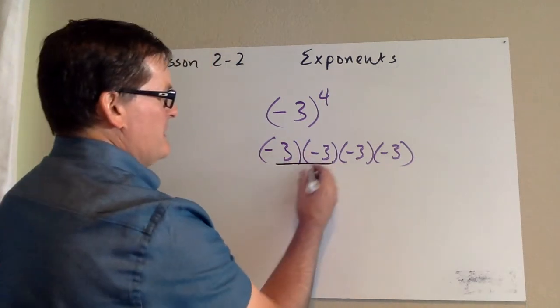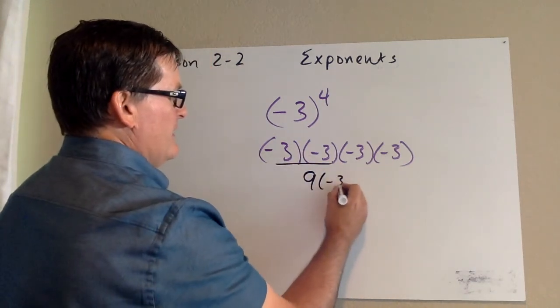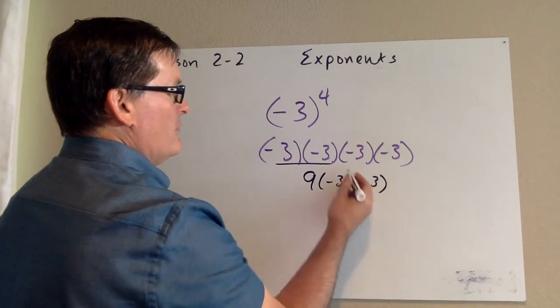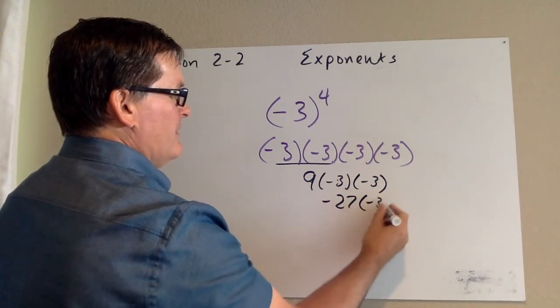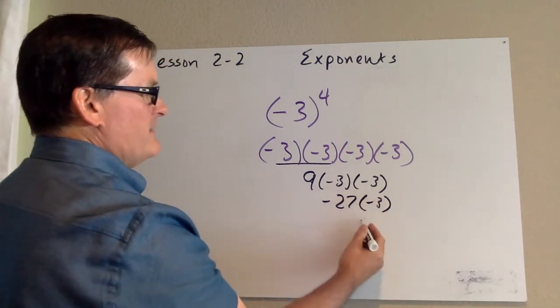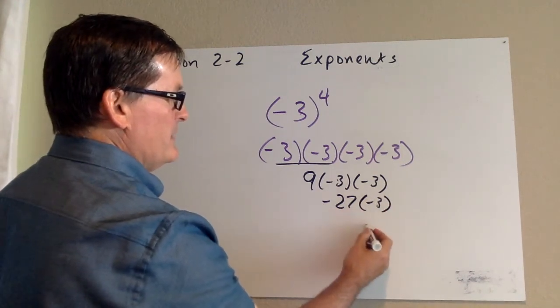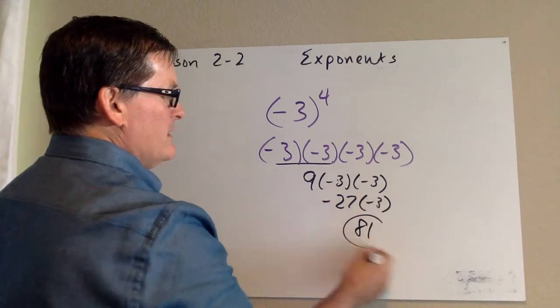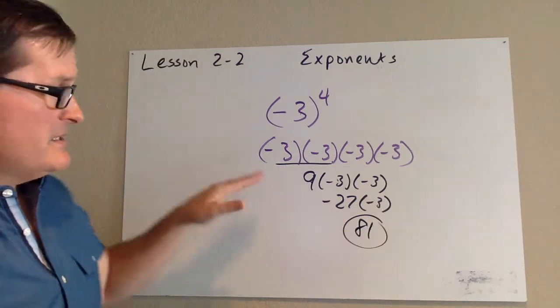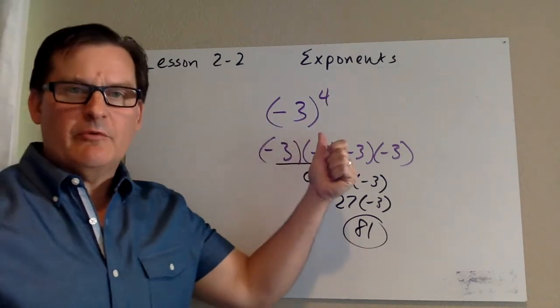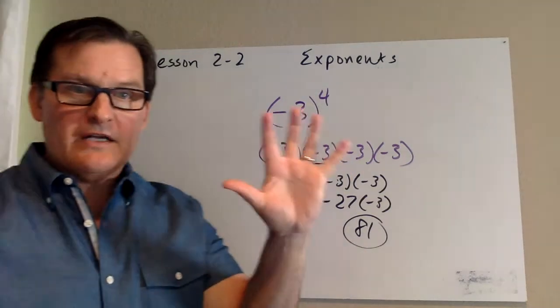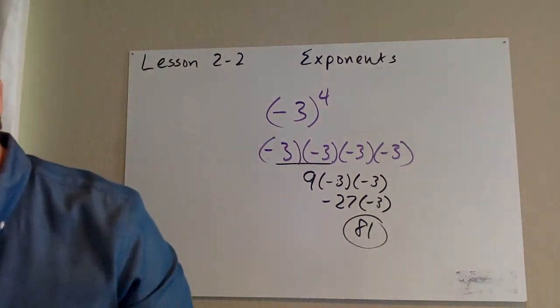So -3 times -3 is a positive 9. I've still got 2 -3's to multiply. 9 times -3 is -27. Another -3 to multiply. -27 times -3, you may not know this one, is a positive 81. So there's our final answer. Notice how when we multiplied the negative 4 times, we get a positive. In the last example, we multiplied the negative 5 times, an odd number, and we got a negative.